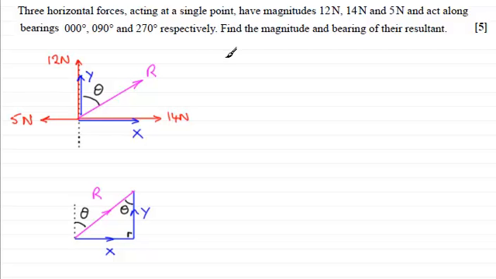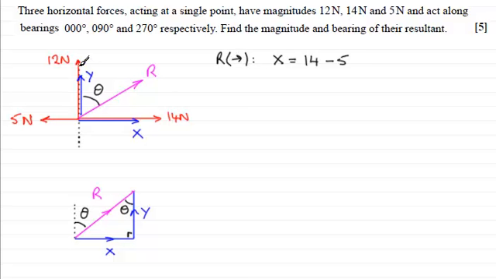So first of all, I'm going to resolve to the right. We're looking at the resultant force to the right, and that is going to be X. X is equal to 14 newtons, that acts to the right, then minus the 5 newtons, because that's in the opposite sense to the way I'm resolving.